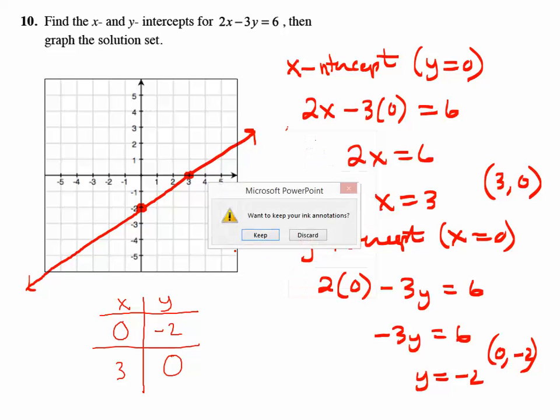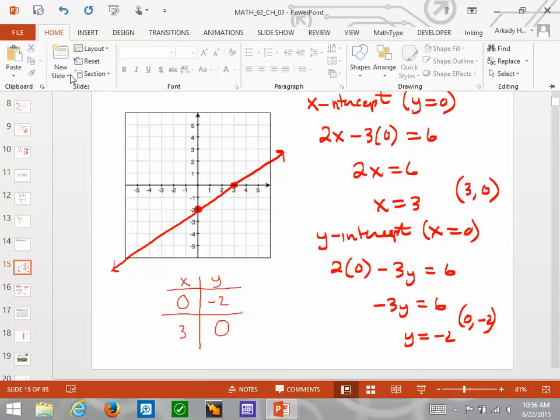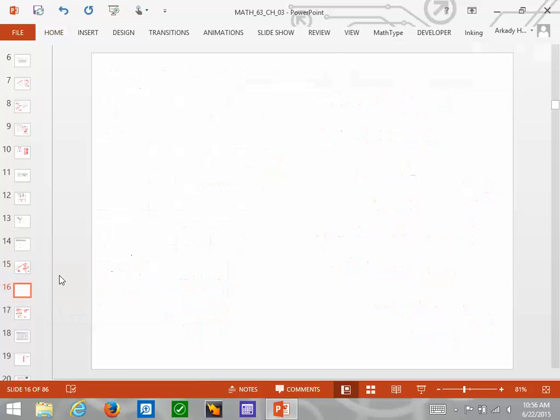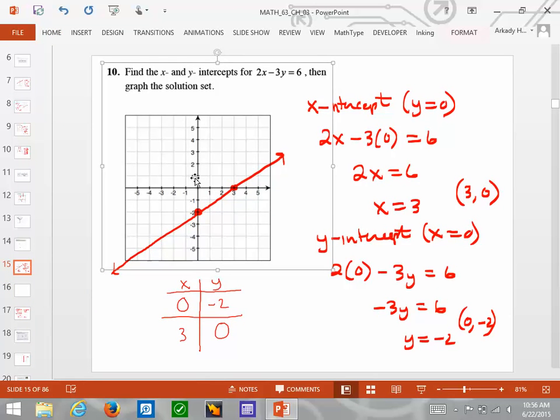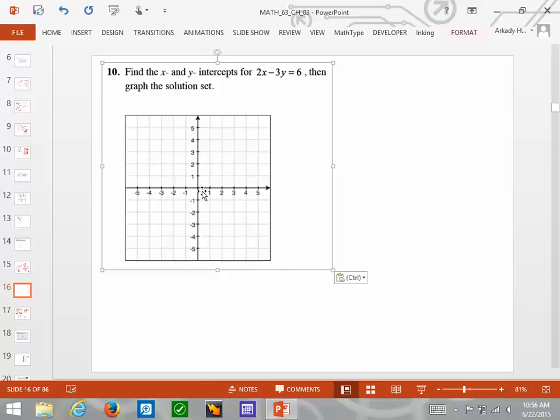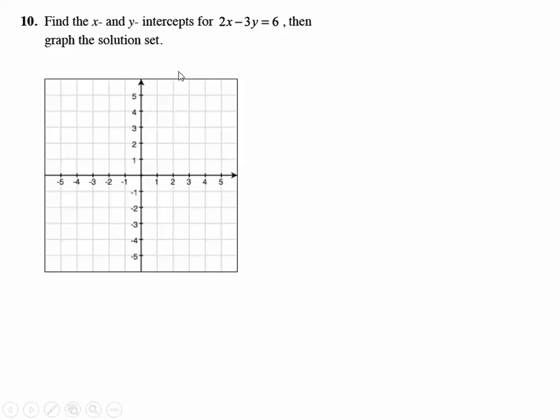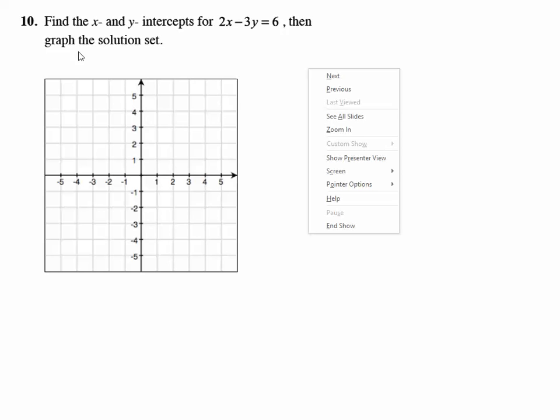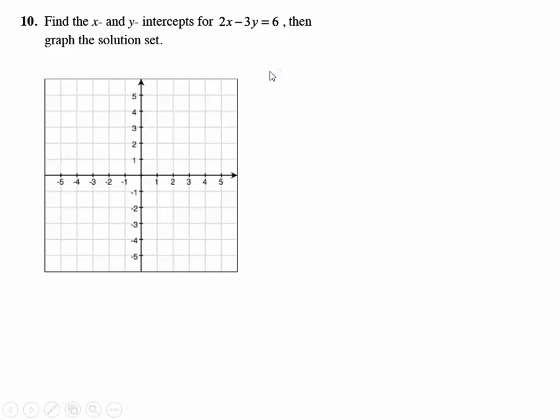So let me do this real quickly here. Let me add an extra little page, an extra little graph. Let's see, what should we do? Can't call it 11 because we already have a next one that's called 11. So how about we call this 10 and a half? Kind of makes sense with math, right?